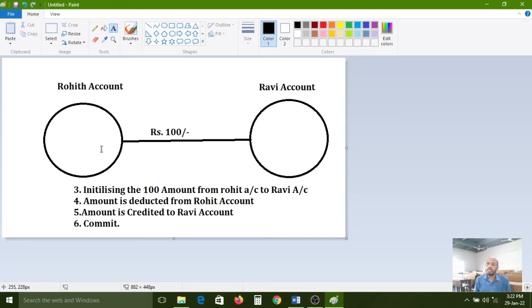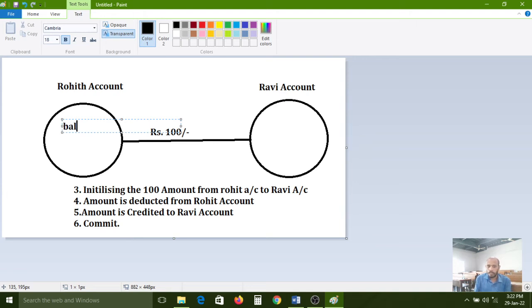And if you want to transfer 100 rupees, for example, balance equal to 500. Now Rohit wants to transfer 100 rupees to Ravi account. So balance equals current balance minus 100.